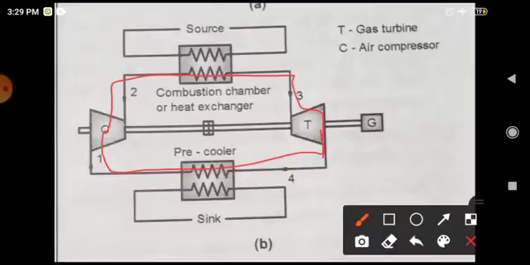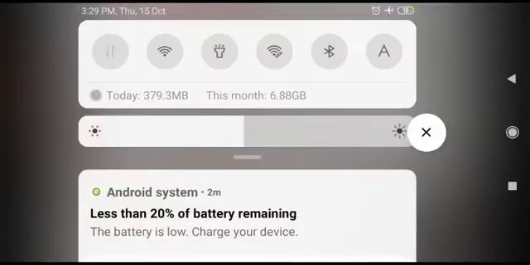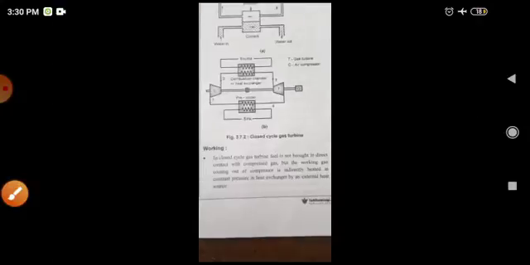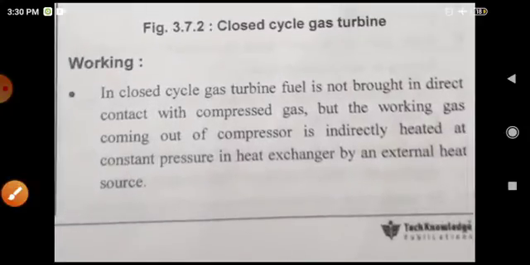That's why it is called a closed cycle gas turbine. Heat source is given here and sink is here. The source adds heat to the gases and the sink takes heat from the hot gases. Okay, in this way the figure is.